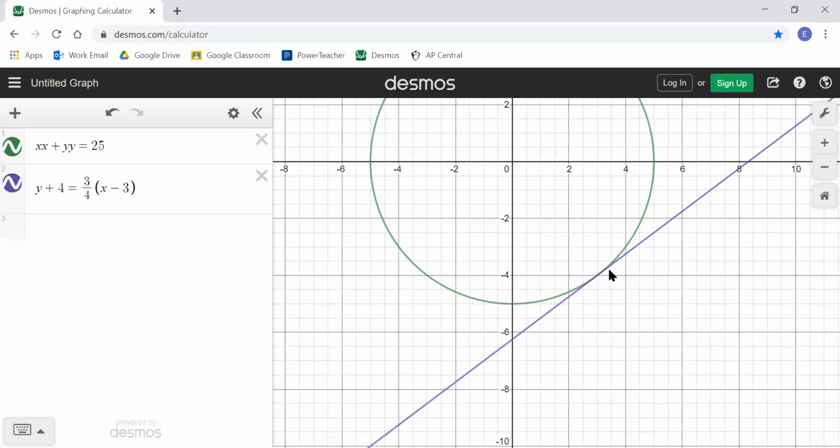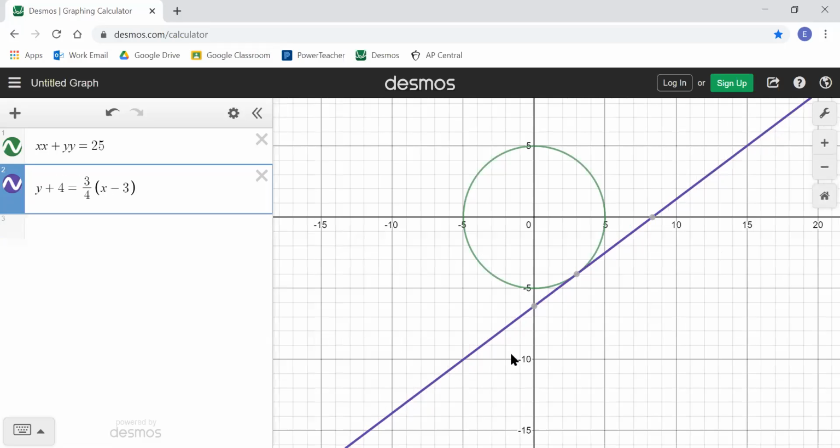There is the line tangent to our circle at the point 3, negative 4. Right there. Everybody good with that or no? Yes. Cool. No issues? Everybody's still surviving?